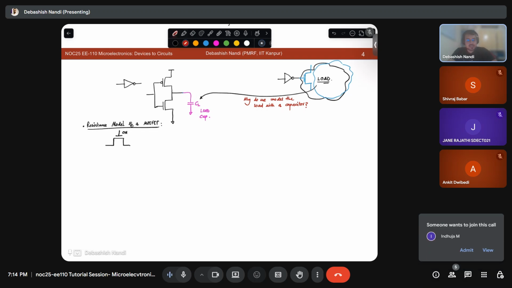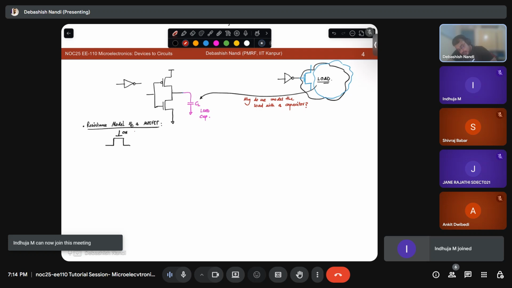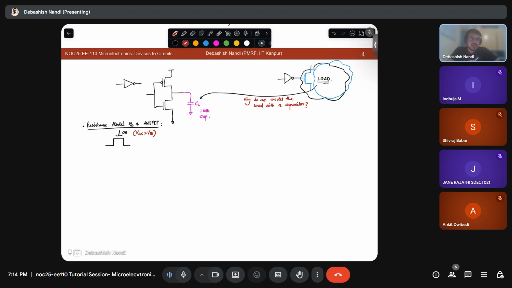So on has multiple meanings, right? What is the on state? One thing is that your VGS is greater than VTH, that you can say, but in digital cases we are dealing with only zeros and ones, right? So we'll simply say that it is connected to VDD.